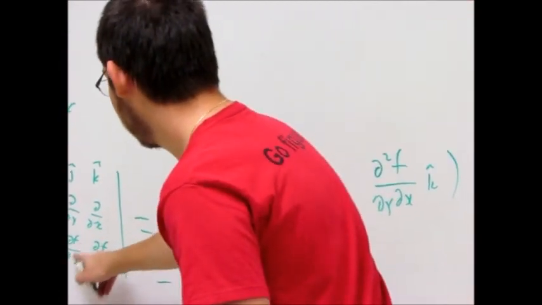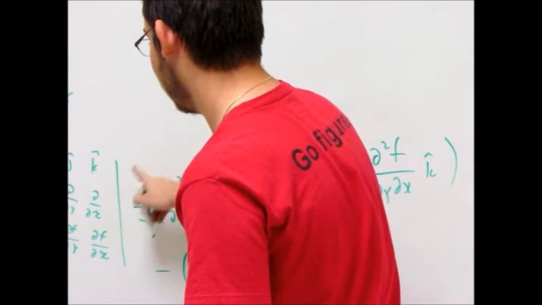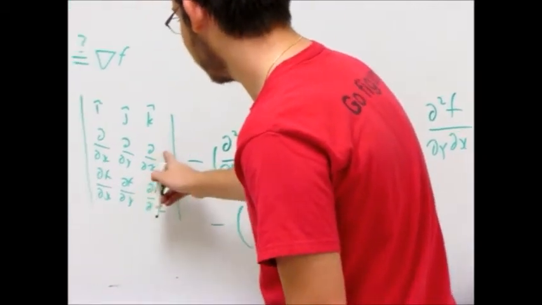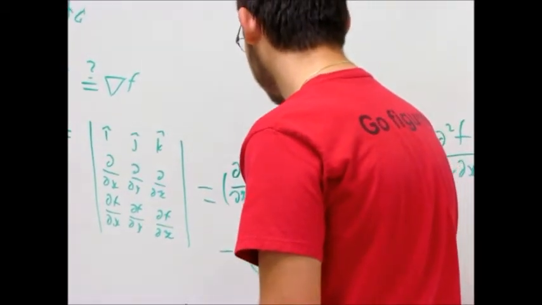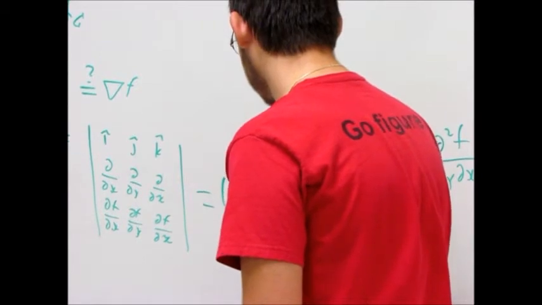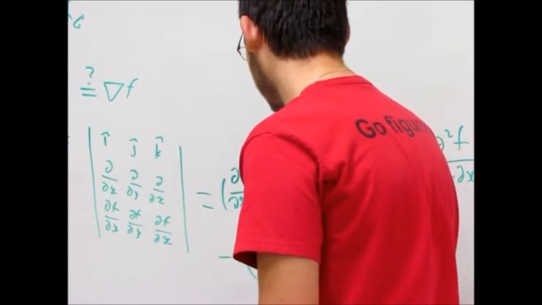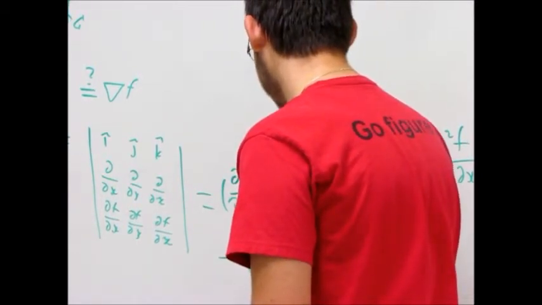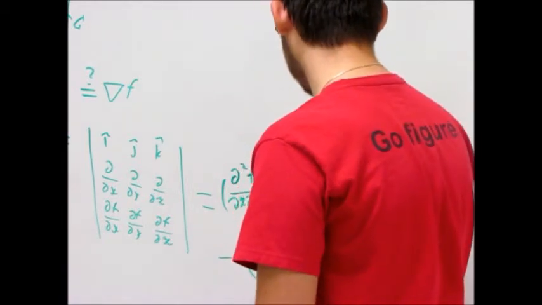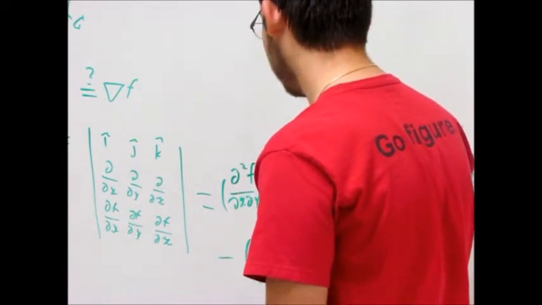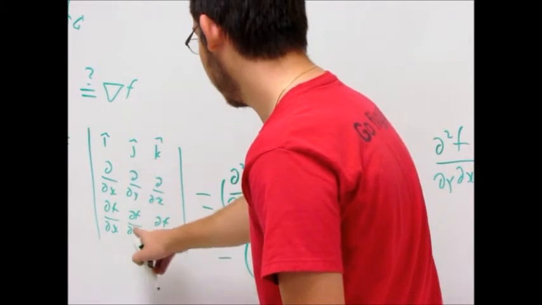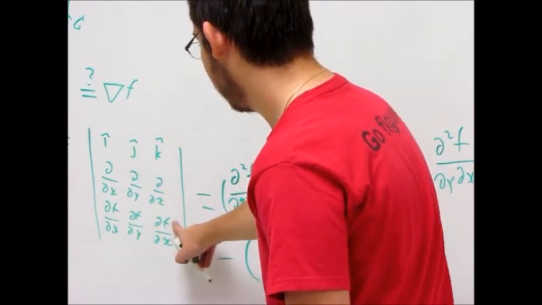So here, partial with respect to z, with y first and then with z. So that would be second order partial first with y, then with z, plus i, j would be this one right here.